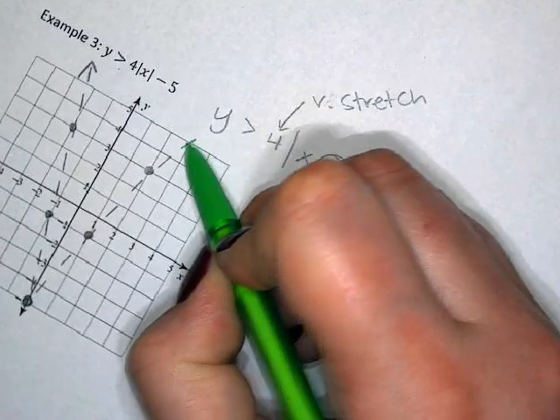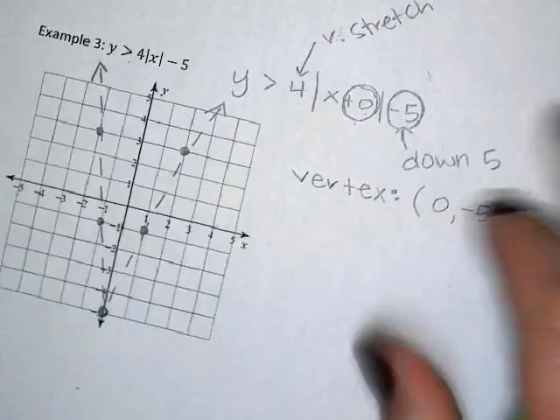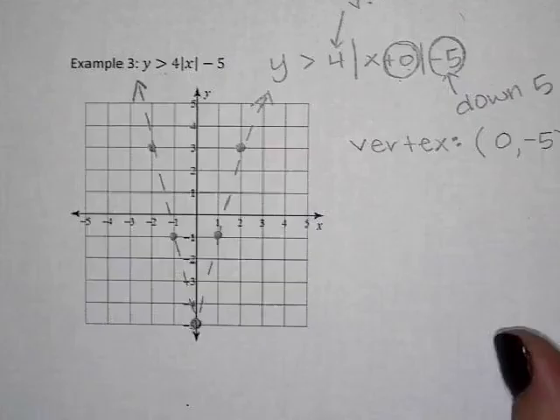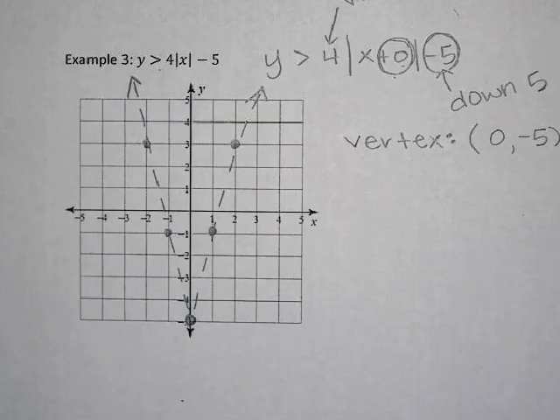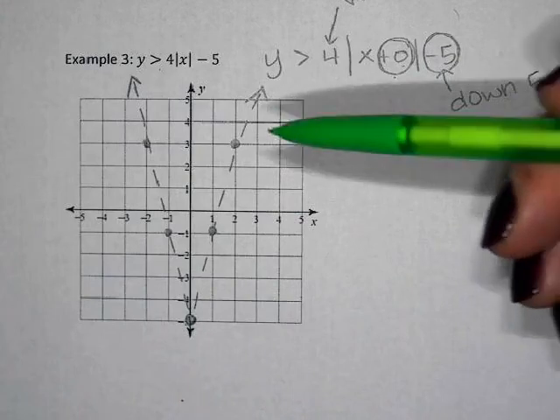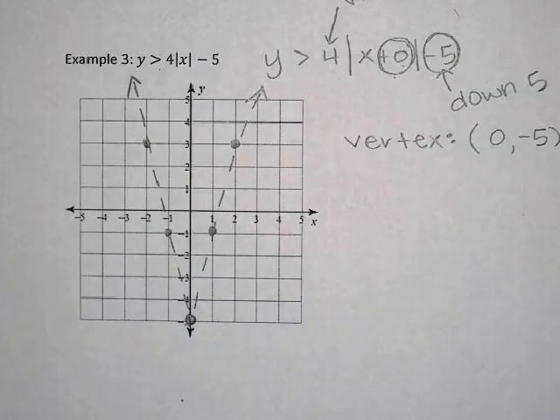So with a straight line, you would shade below the line or above the line, or to the left of the line or to the right of the line, depending on what the line looked like. With a V-shaped graph, you either shade outside of the V or inside of the V. Does that make sense? Those are like the two different sides you could consider.